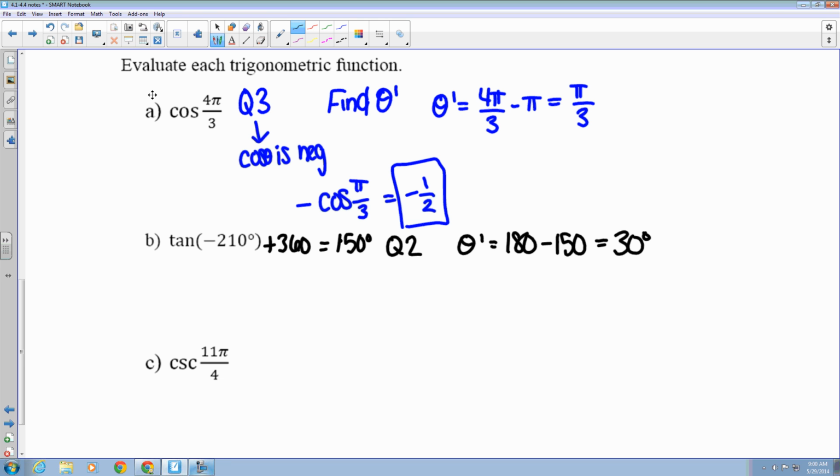From that, I need to figure out if I'm supposed to be positive or negative. Tangent in quadrant 2, ASTC, is negative. So negative tangent of 30 degrees is negative square root of 3 over 3.